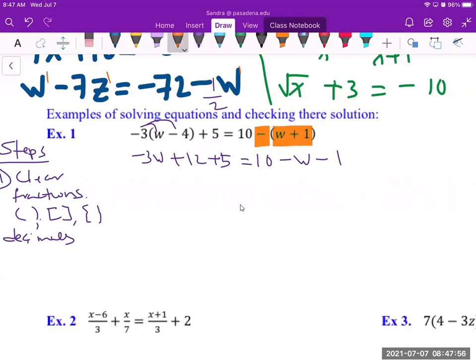Okay, second step: combine like terms on each side. 12 and 5 are like terms. This is negative 3w plus 17. It's equal to 10 and negative 1 are like terms. That's 9 minus w.